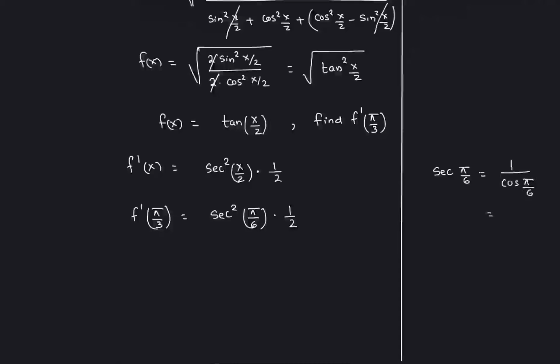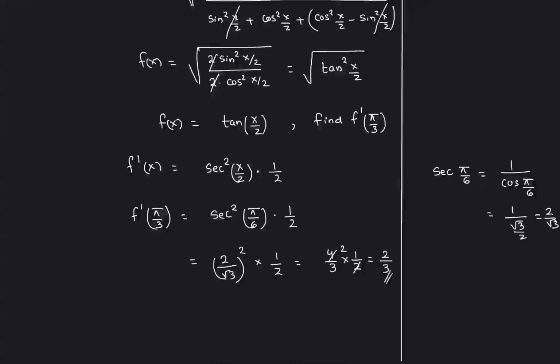Now cos of pi over 6 is root 3 over 2, so that gives you 2 over root 3. So you get 2 over root 3 whole square multiplied to 1 over 2. That gives you 4 over 3 multiplied to 1 over 2, that is 2 over 3. So this is the final answer.